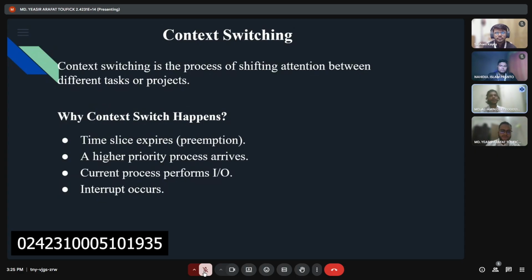Here, talking about the time slice expiring: when the process is running, it is allocated CPU runtime, and when that ends, the CPU stops it and gives the CPU to another process.